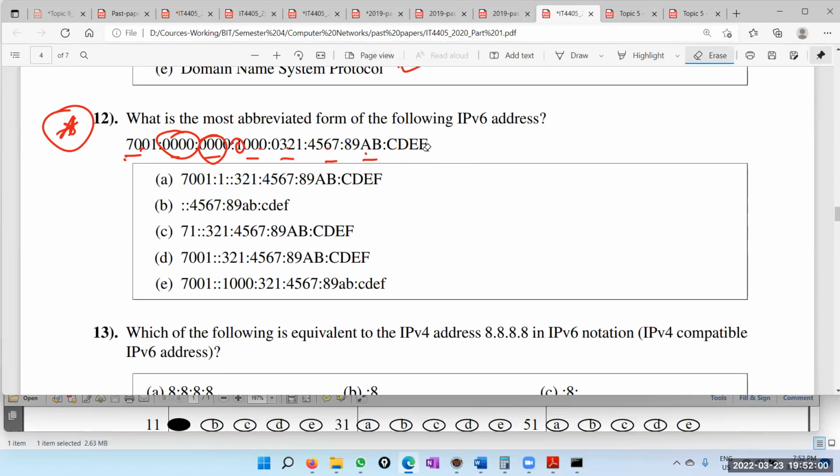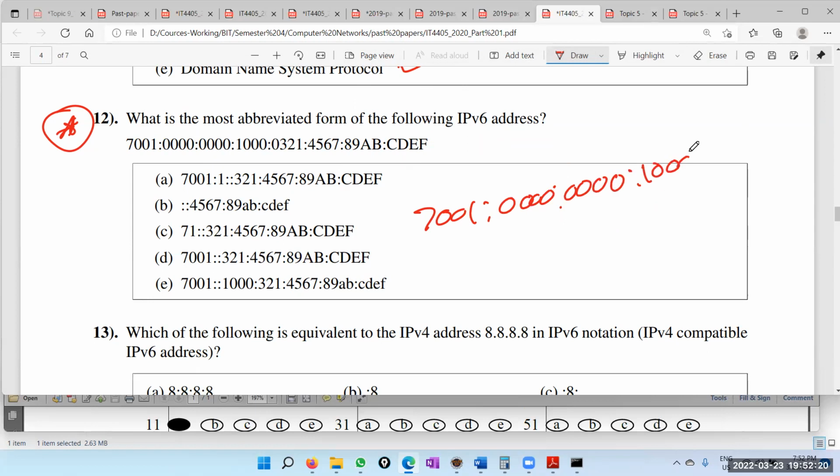Right. So what happens if our IPv6 address is something like this? Say 7001, 0000, say 1000, then again 0000. I'm just writing numbers: 1, 2, 3, 4, 5.